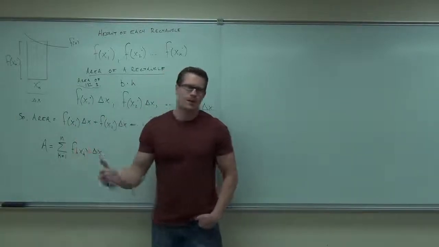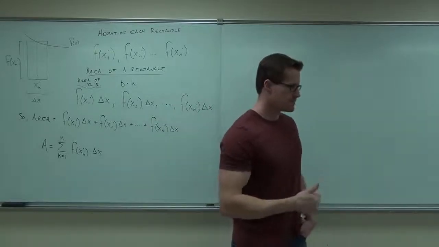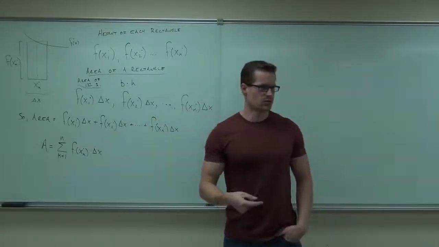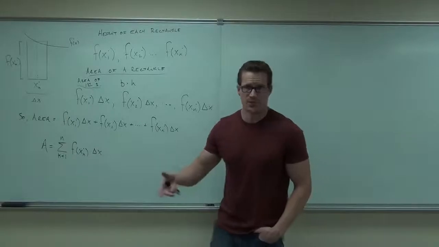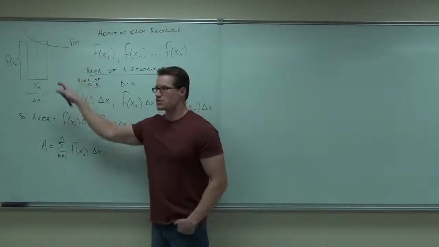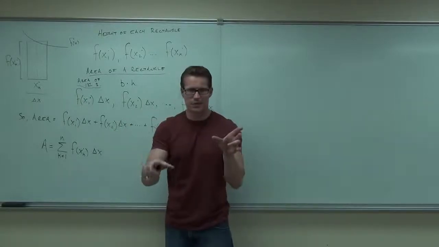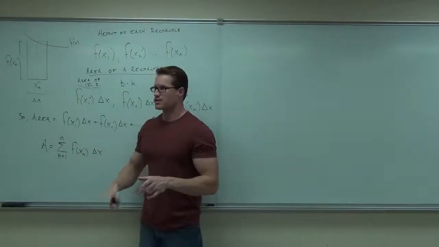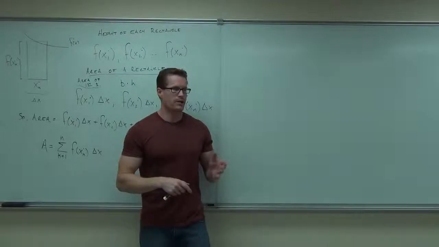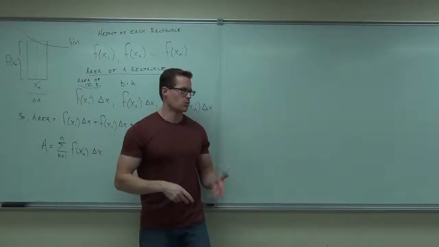What this is, that's an approximation. That's based on a finite number of rectangles. Would you agree? Because you have to have a finite number for n if you're going to do this and separate it into a certain number of rectangles, you'd stop somewhere. You'd say, okay, let's actually find this out. And you'd go from 1 to 5, or 1 to 50, or 1 to 100.